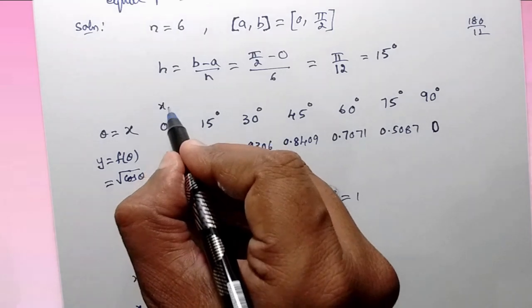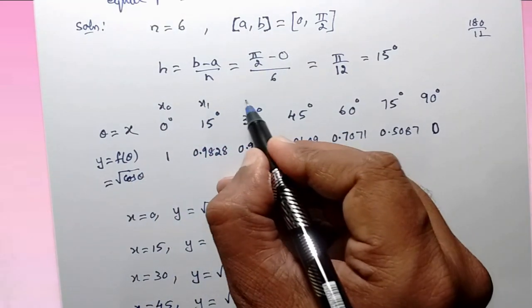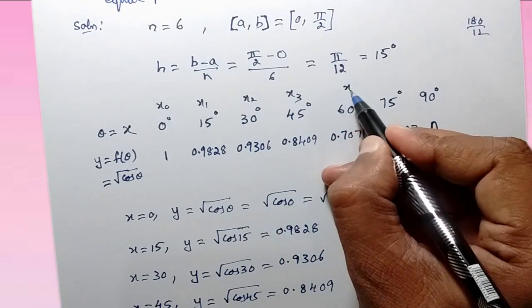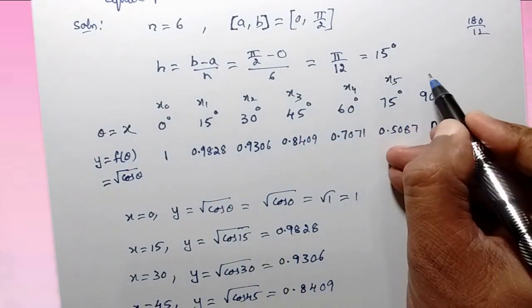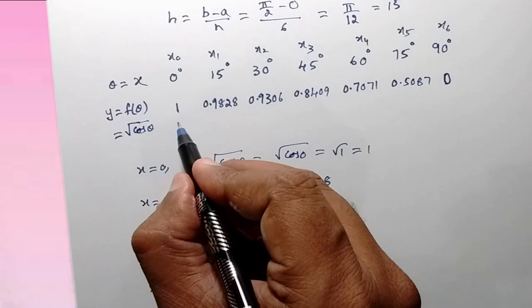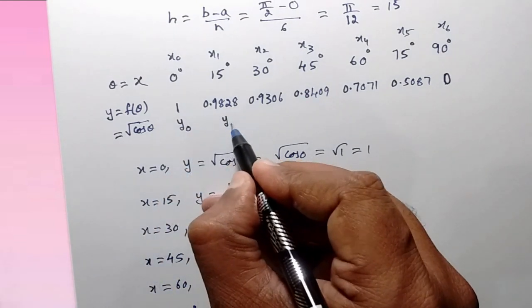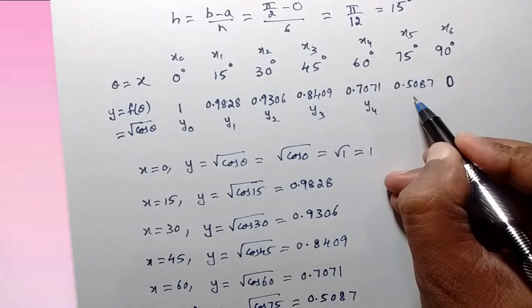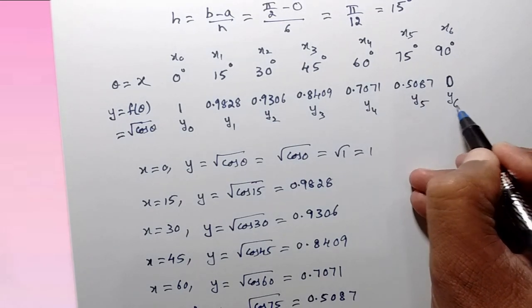These are the corresponding values of x: x0, x1, x2, x3, x4, x5 and x6. Corresponding values of y will be y0, y1, y2, y3, y4, y5 and y6.